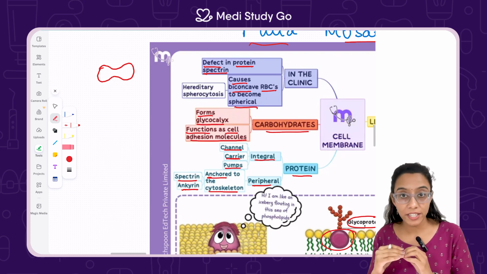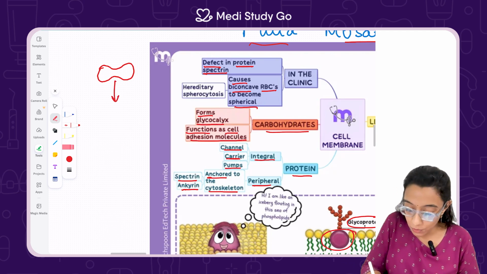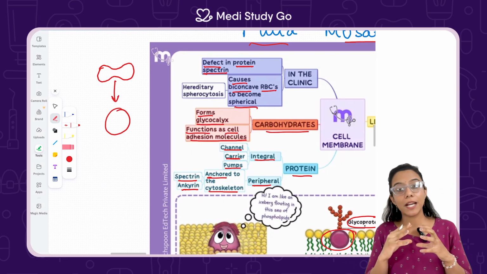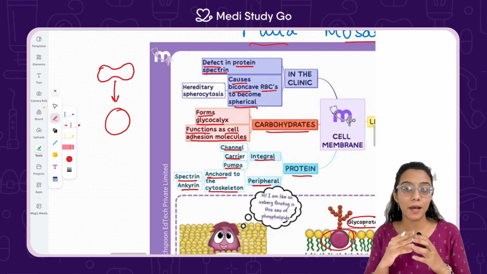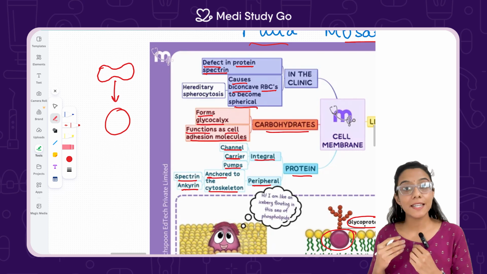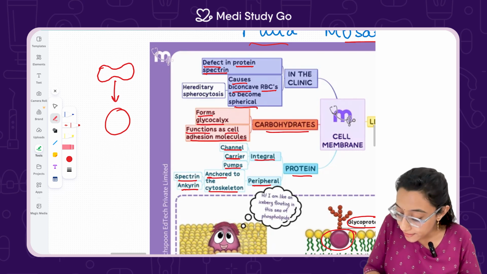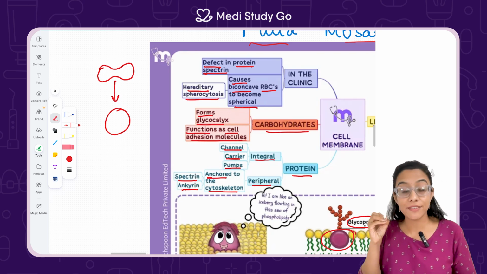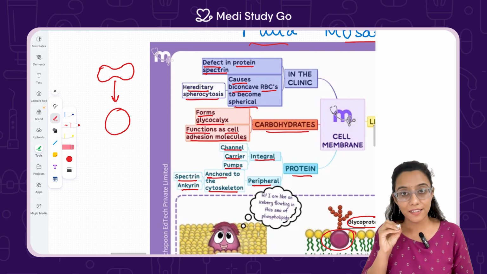When this biconcave shape becomes spherical, it becomes difficult for the RBC to pass through the capillaries and they break down, which is called hemolysis. This hereditary condition is called hereditary spherocytosis, a spherical cell.